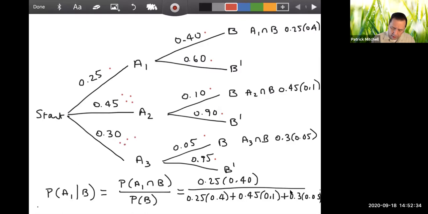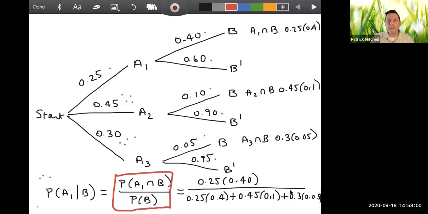All right, so moving down here to the formula. If I wanted to find the probability of A1 given B, just using the conditional probability formula, you get probability A1 intersect B divided by probability B. Now I'm doing this without even thinking about the Bayes theorem formula, okay?